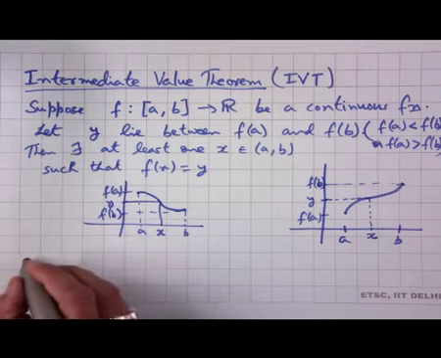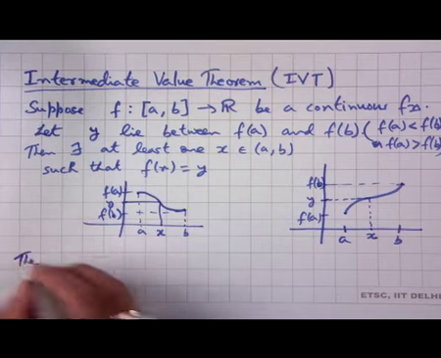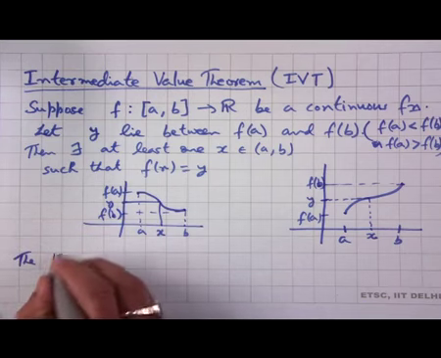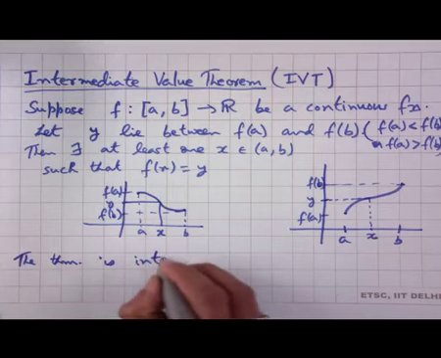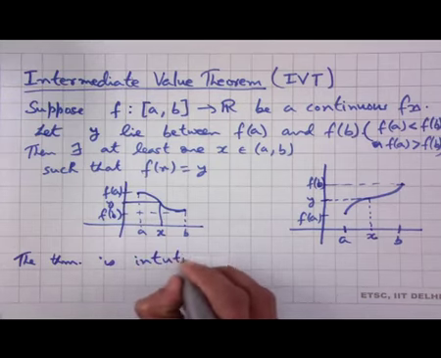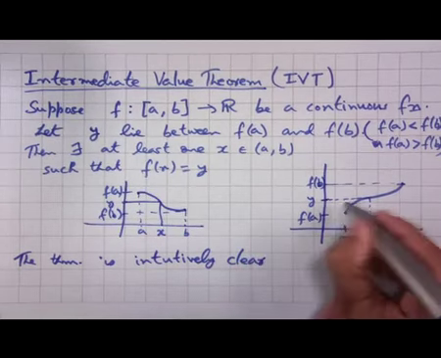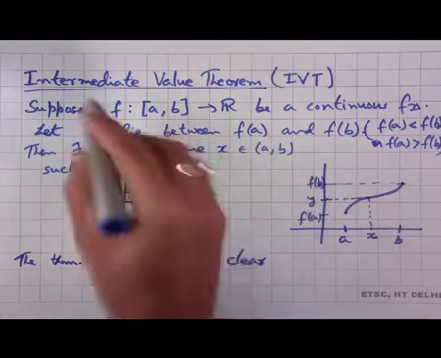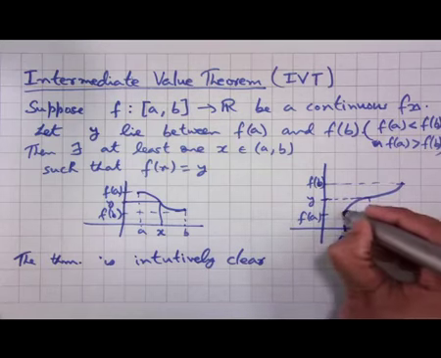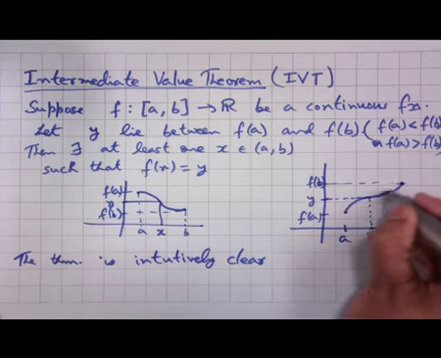So, the theorem is intuitively clear. If we have any continuous function, then it must take all the intermediate values between f of a and f of b.